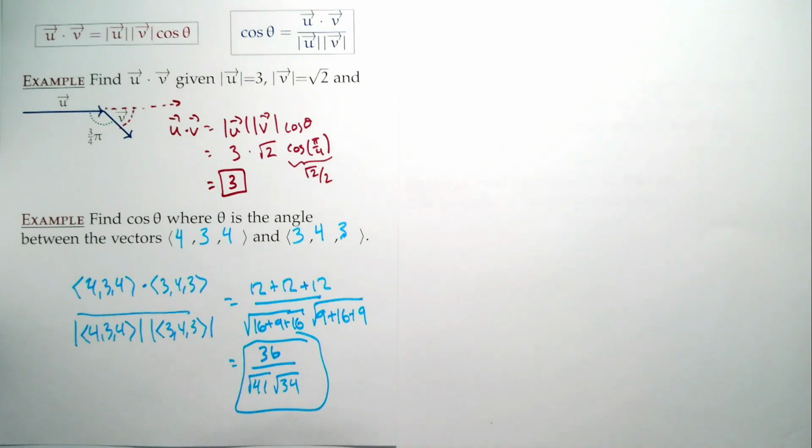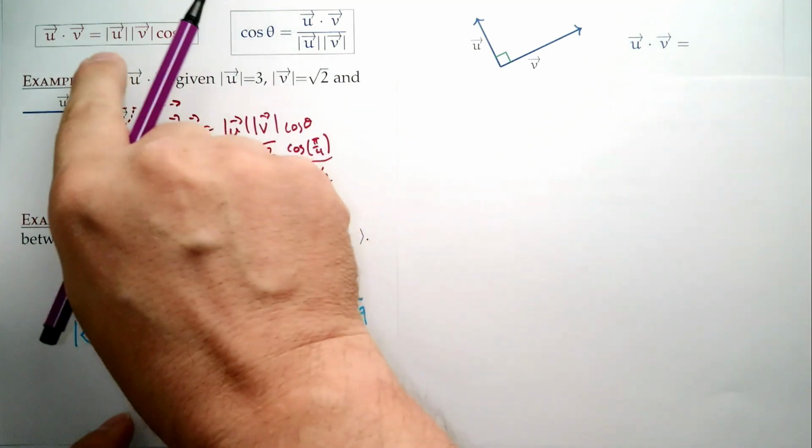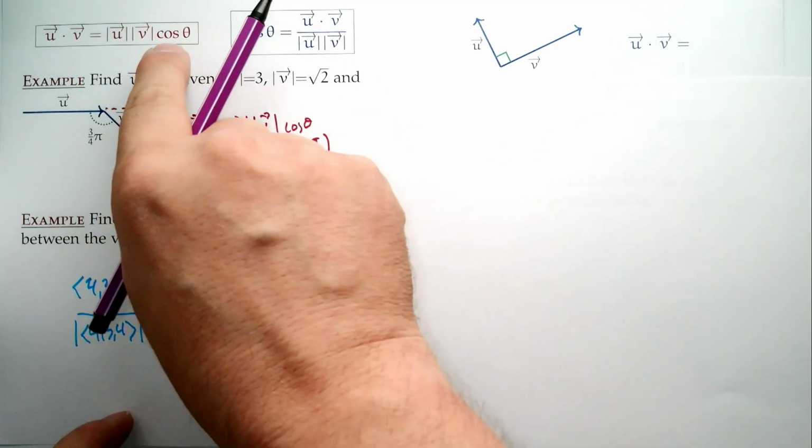Pi over 2. That, yes, that is a very nice angle. So, if I have that nice pi over 2 angle, what happens to the dot product? It's 0, right? Because I'm going to get the magnitude of u, magnitude of v, times 0.